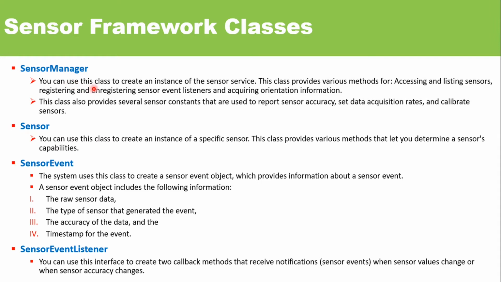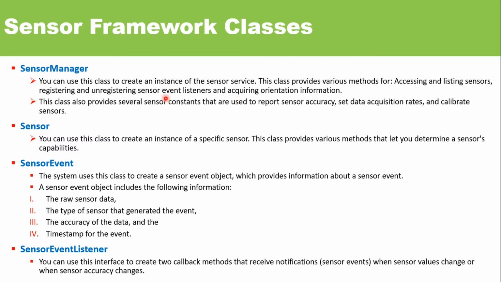You can use the SensorManager class to create an instance of the sensor service. This class provides various methods for accessing and listing sensors, which we will see later on, for registering and unregistering sensor event listeners, also which we will see later on, and it also acquires orientation information.